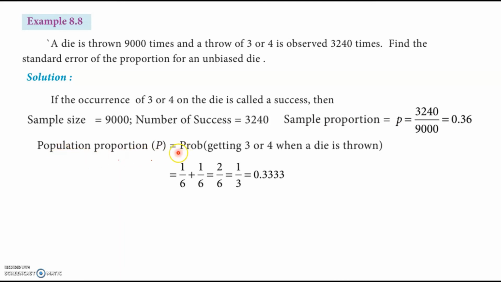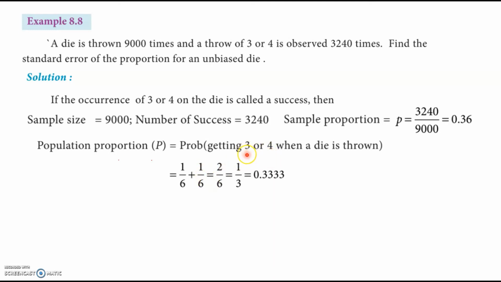Now let's find the proportion of the population. The population proportion, which is equal to the probability of getting a 3 or a 4 when a die is thrown. The probability of getting 3 is 1 over 6, and the probability of getting 4 is 1 over 6.